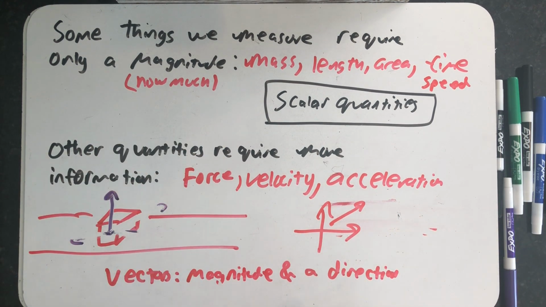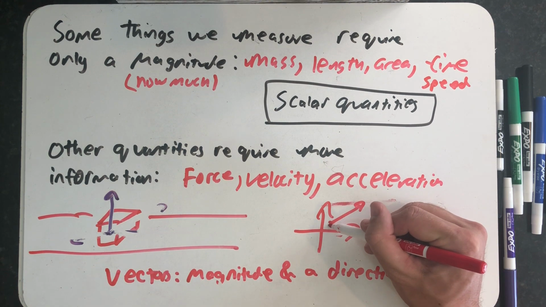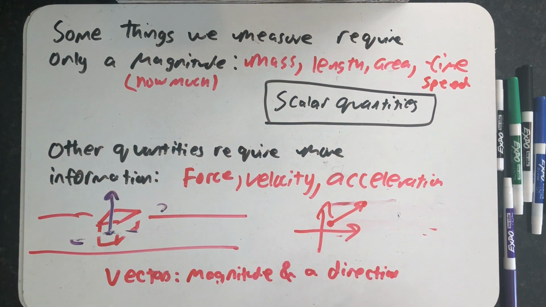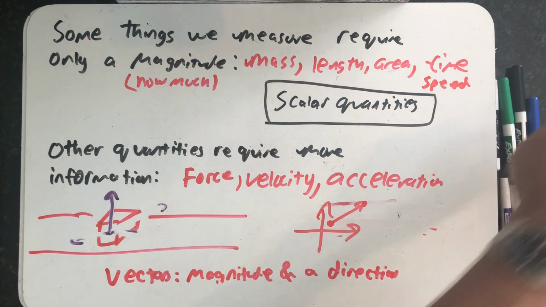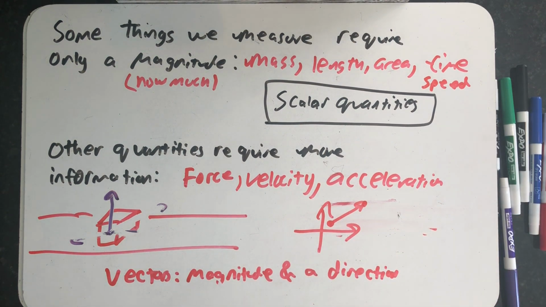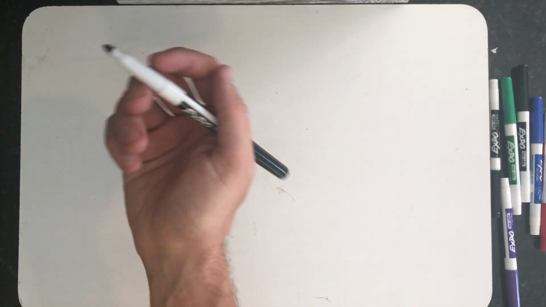All right, so when I want to talk about vector, I need to tell you both a magnitude and a direction. And what we use to represent vectors are arrows, exactly what I've drawn here. So vectors are represented with directed line segments, and that's just a fancy way of saying arrow.